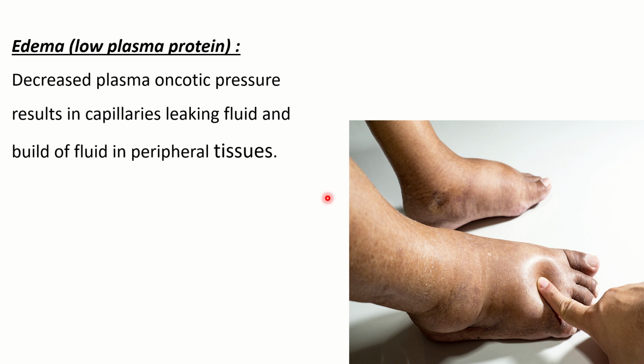So again, we see that plasma proteins are of high necessity, and one should always make sure that their plasma protein levels are on spot, and if they are not, should consult a physician.